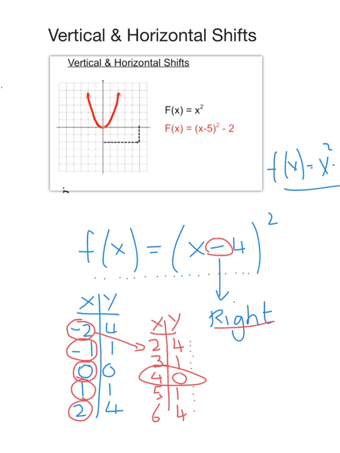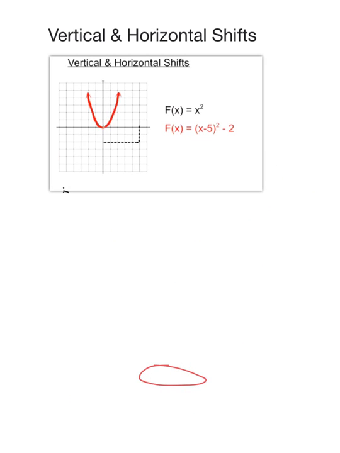Now, with this final graph, we have a combination of everything. And if you look at each of these, if you look now at x minus 5 squared, so f of x equals x minus 5 squared minus 2.